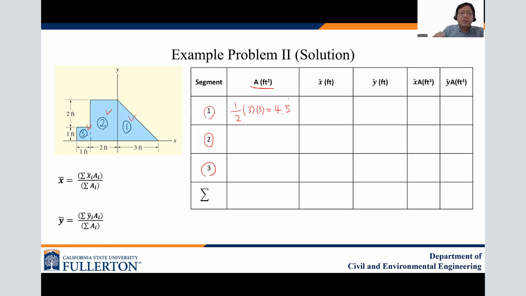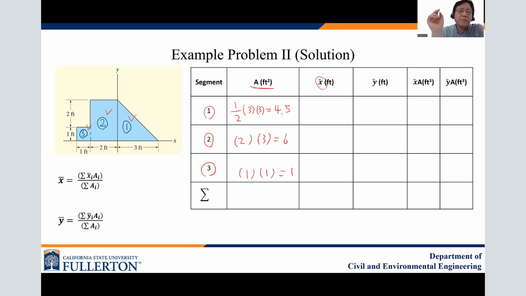And then number 2 is easy because this is a rectangle, so 2 times 3, that is a 6. And then 3 is a square, so that is 1 times 1, there's a 1, right?